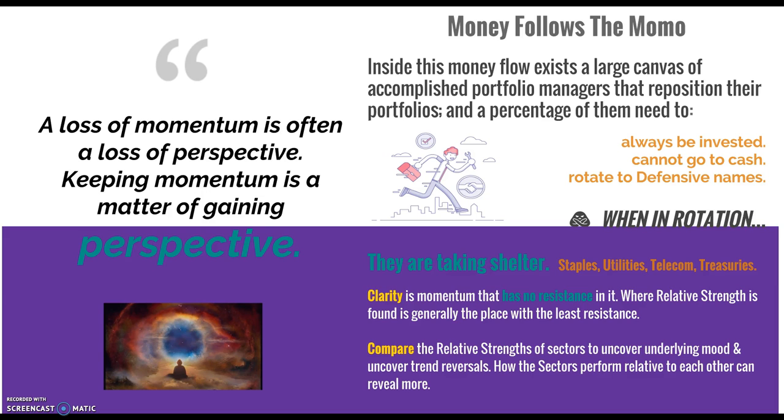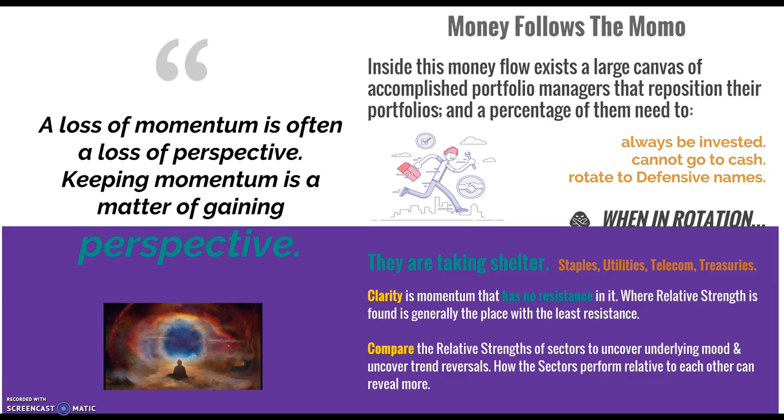They're going to rotate to defensive names. So we just talked about what some of those defensive places would be, like staples, utilities, treasuries, etc. But I would like to focus on the statement below that clarity is momentum that has no resistance in it. So where relative strength is found is generally the place with the least resistance.